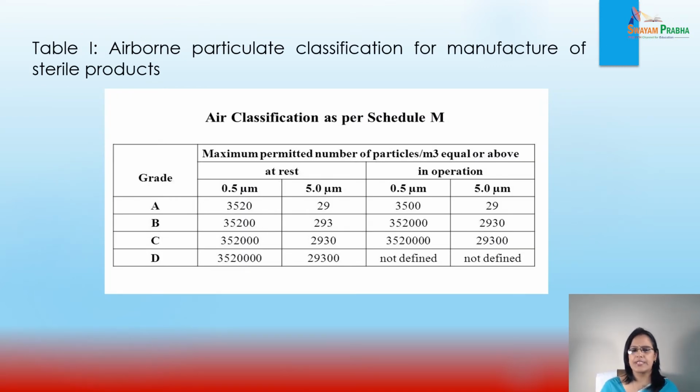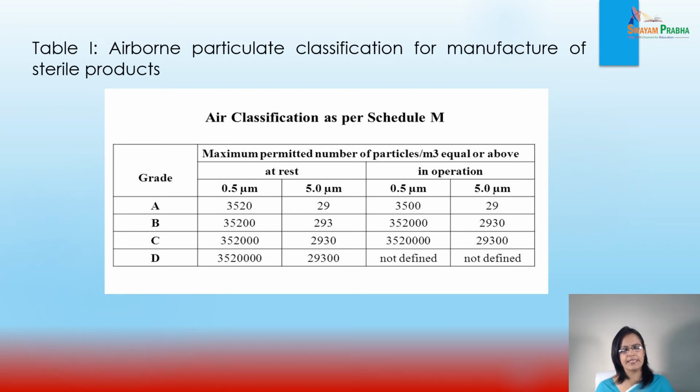So dear students, this table is familiar to you: the airborne particulate classification for manufacturing of sterile product, as per Schedule M, right? So look at the table, grade A, B, C, D. These are different areas.